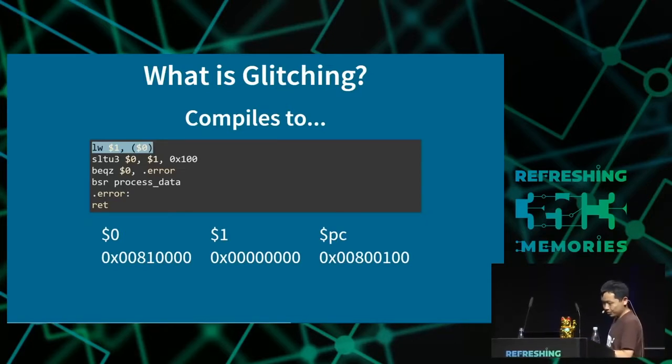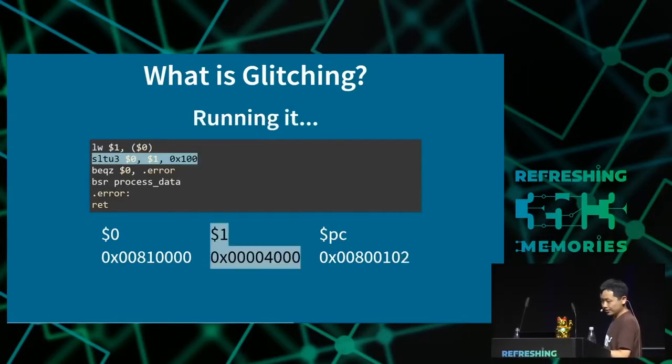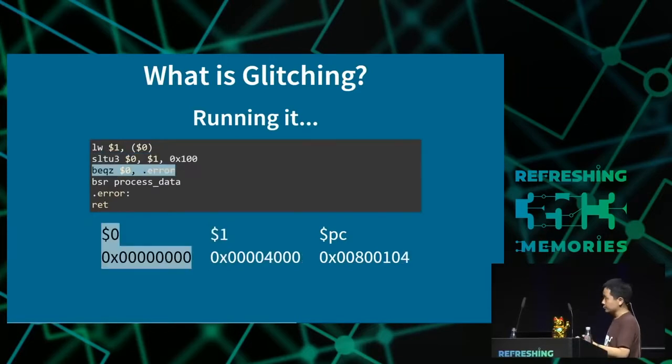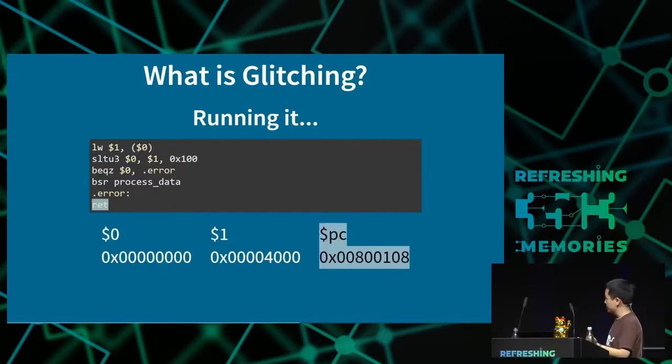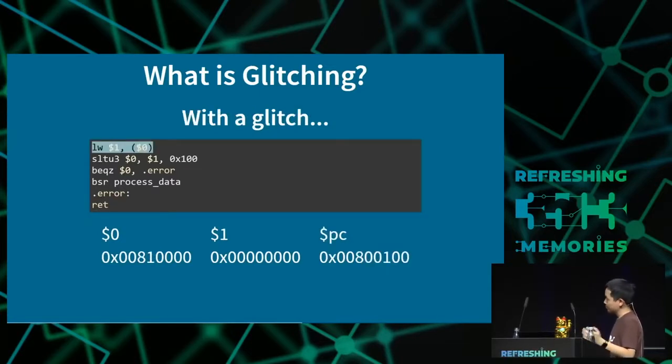So here we load the size value, and then SLTU basically is less than unsigned, and it sets R0 to the result of that. So here it's set to 0 because it was not less than, and because of that, we jump to the error branch, and it's fully secure. There's no way of hacking it. Just give up.